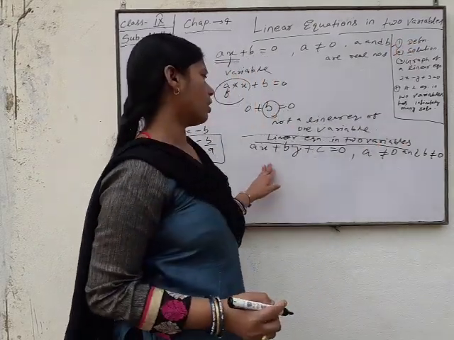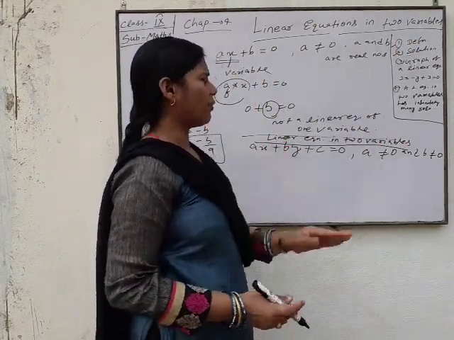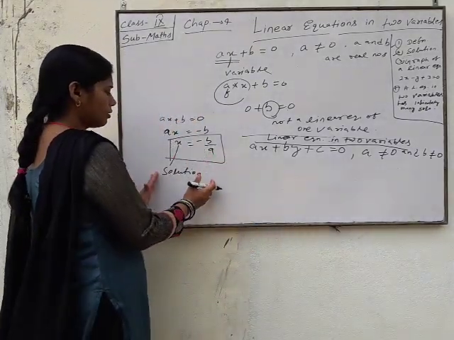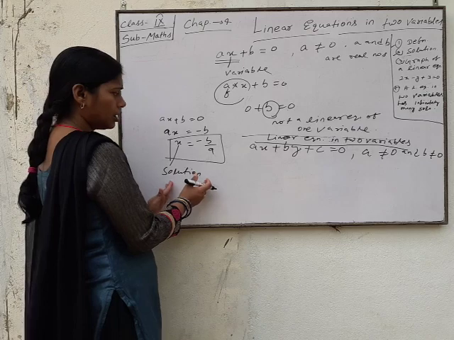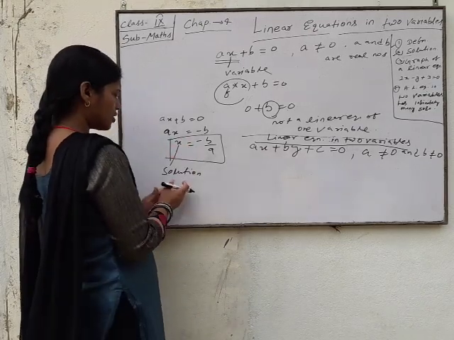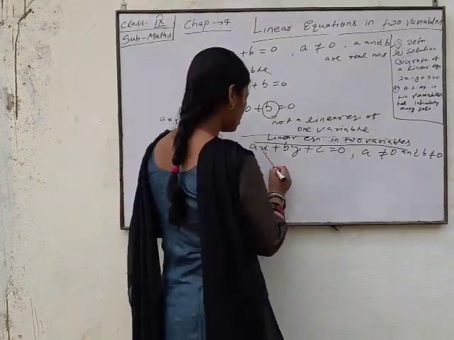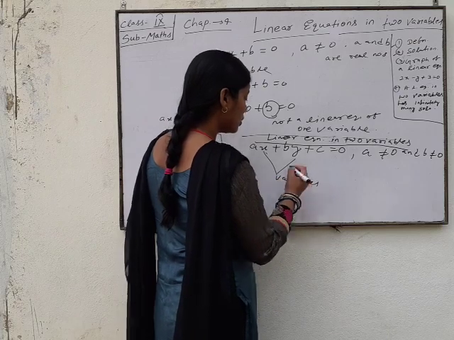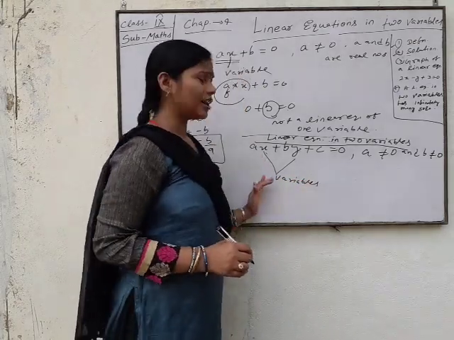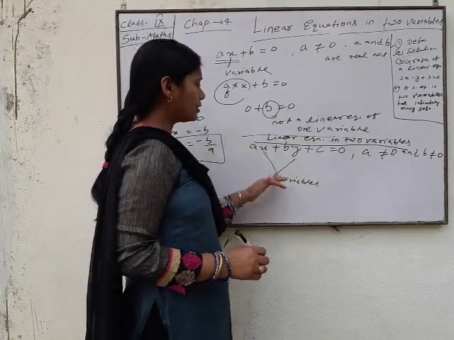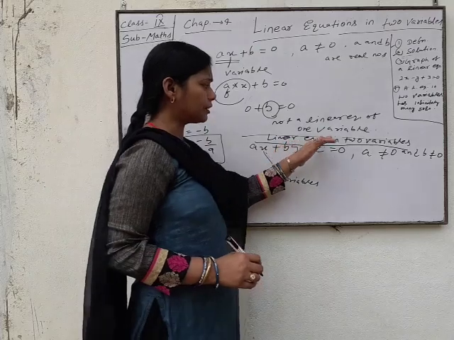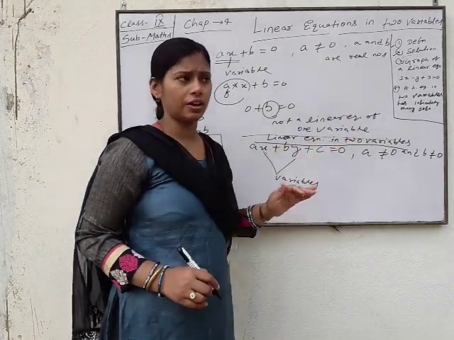And what is the solution of a linear equation in two variables? For one variable the solution is the value of x, but here there are two variables, x and y. So values of x and y are called the solution of a linear equation in two variables.